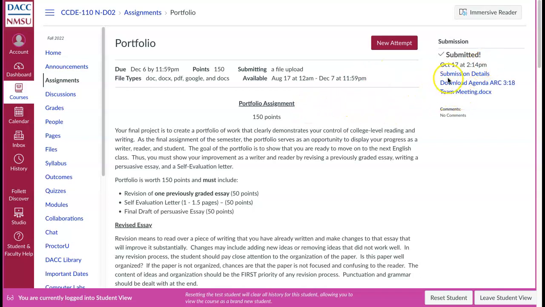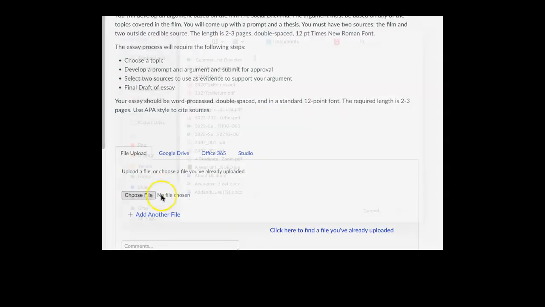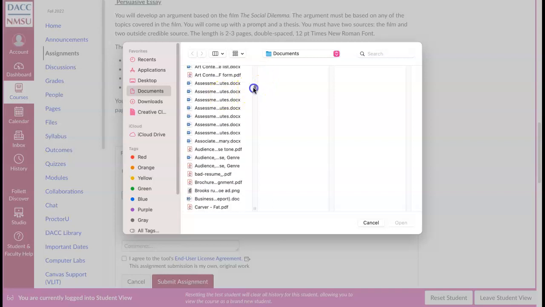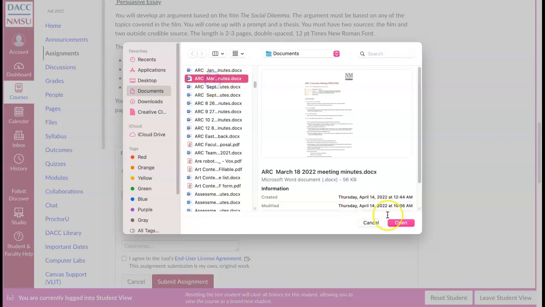So as you can see, the file we just submitted got deleted because we clicked on New Attempt. So in order to avoid all that, we need to go ahead and click on Choose File, and then click on the 3 files that we want.